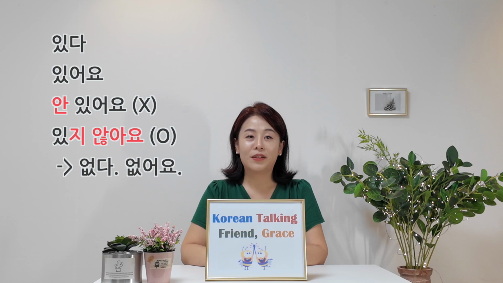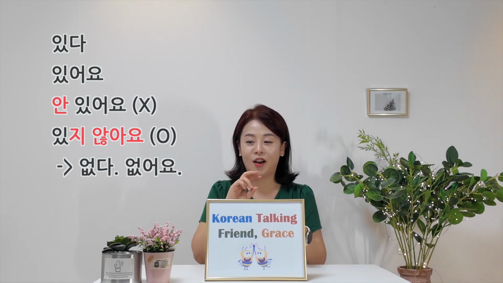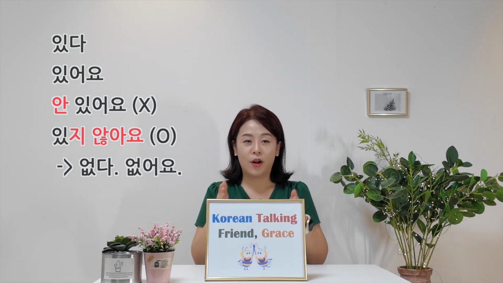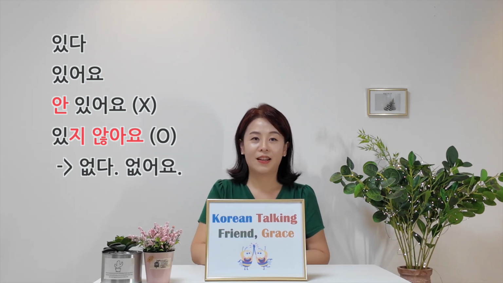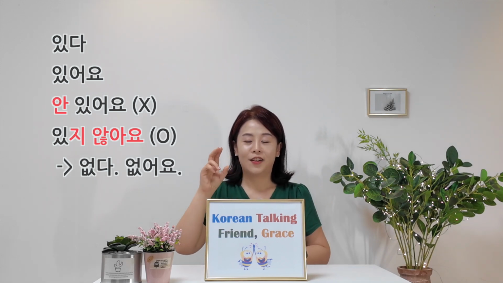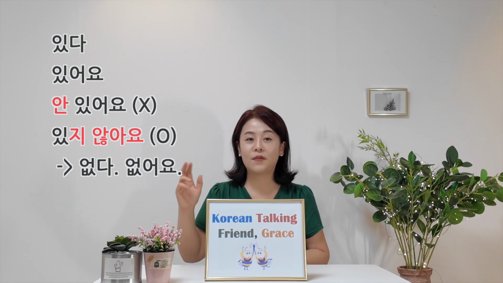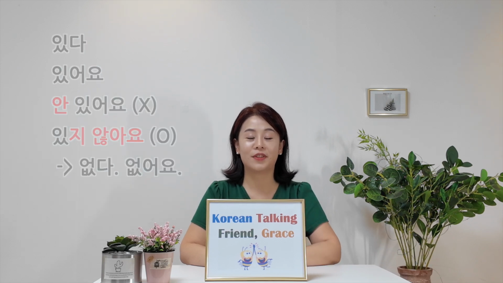Rather than 안 있어요, you have to say 없어요. 없다 is the dictionary form, and you can conjugate it into the present form 없어요. So the positive is 있다 and the negative form is 없다. We don't use 안 있어요. This is an exception.